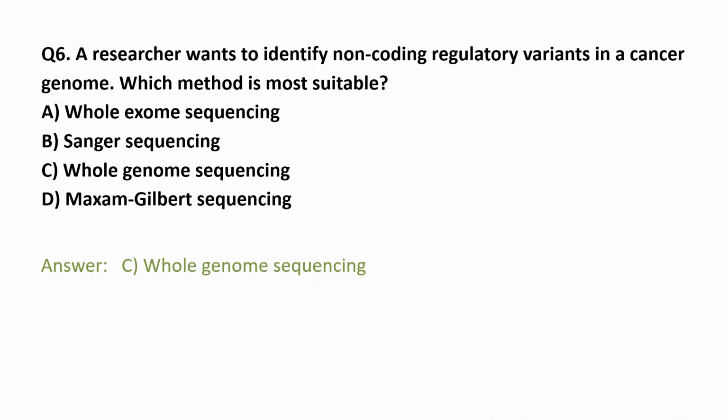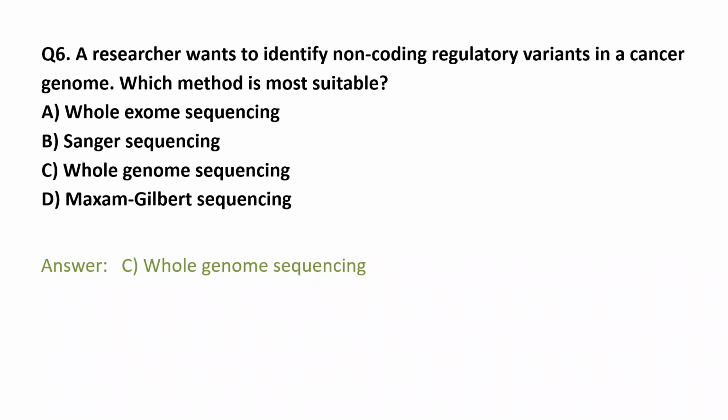The other options, like whole exome sequencing, only focus on the coding regions of the genome, which is around 1 to 2% of the genome, and exclude non-coding regions, making it unsuitable for identifying regulatory variants.